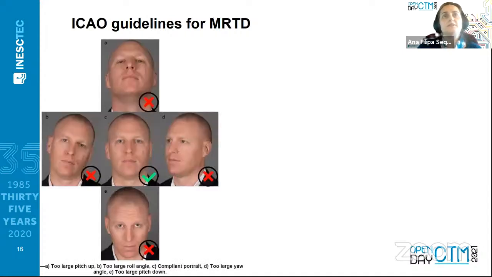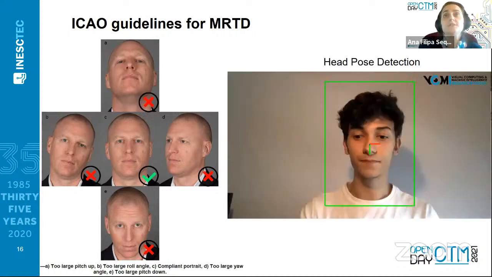Another very important aspect nowadays is the real-time analysis of face images for machine-readable travel documents. Here we have an example of what is acceptable and not acceptable for the specific problem of head pose.